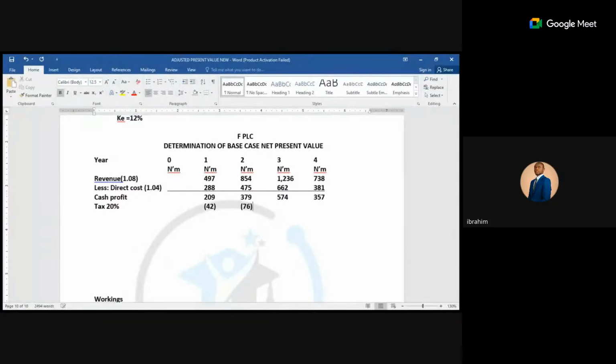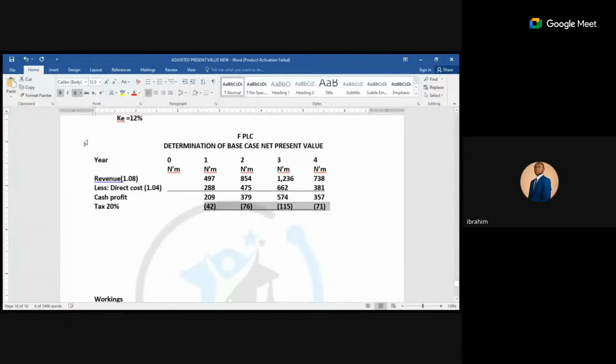What do we have here? 115. What do we have here? 71. Is there any approximation we're supposed to do in this year 4 that we did not do? Okay, that's fine.